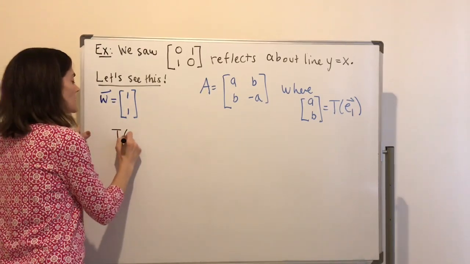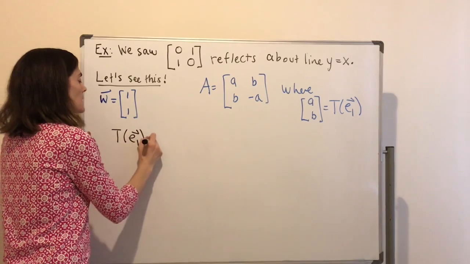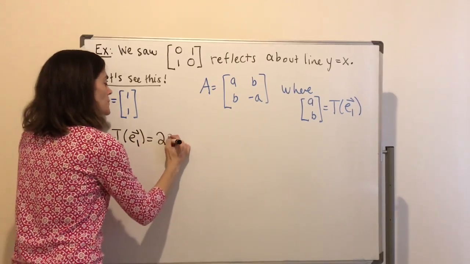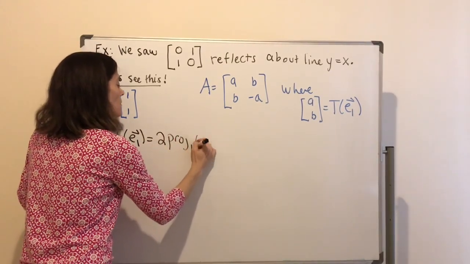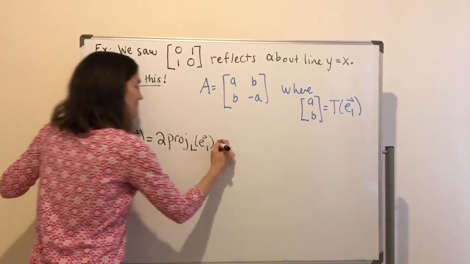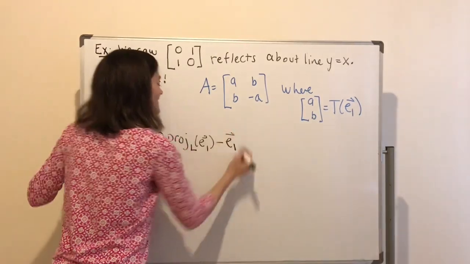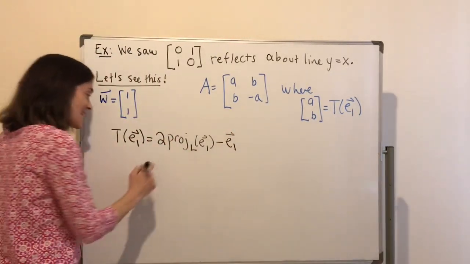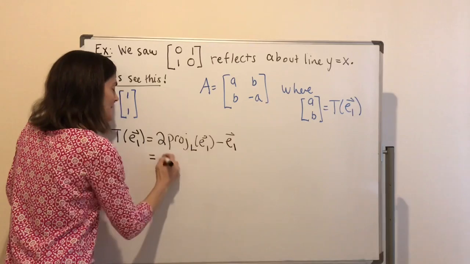Well, T of E1 is 2 times the projection of E1 onto L, minus E1. And now we unravel what the projection is.